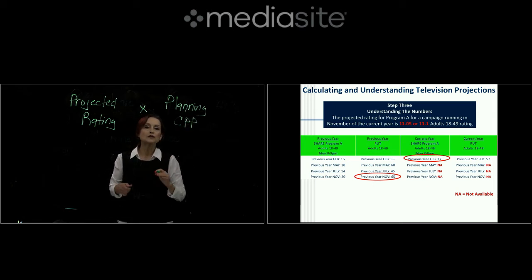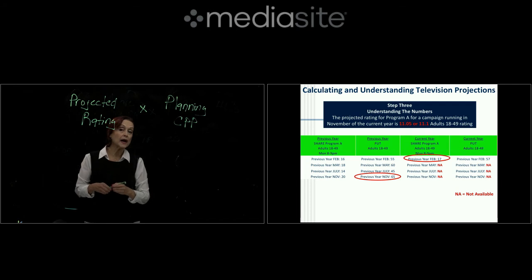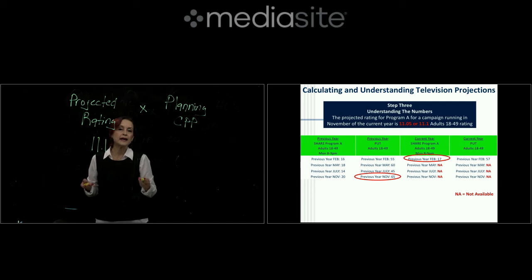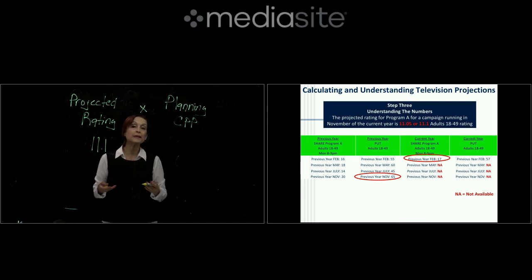Okay, so let's say that we had the projected rating set at 11.1. And let's say that the agency media buyer and the media planner projected a prime cost per point of $1,500.